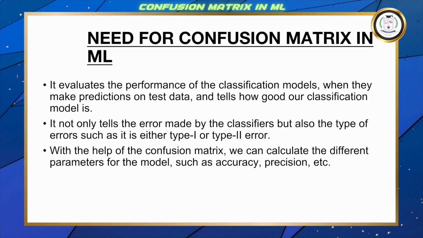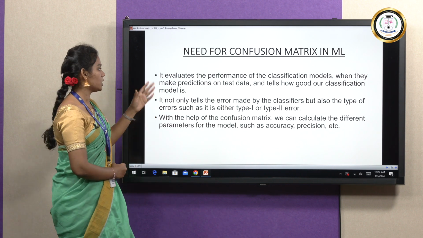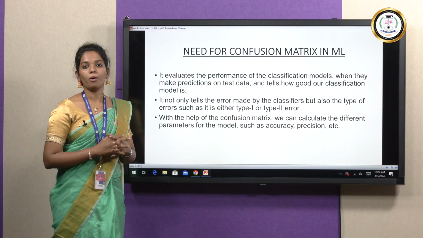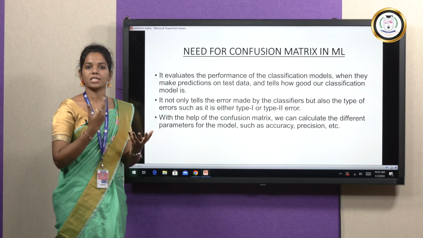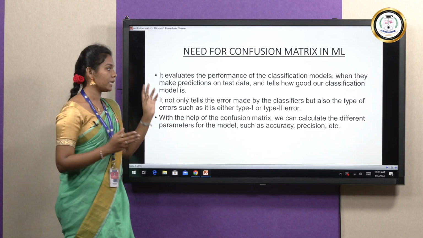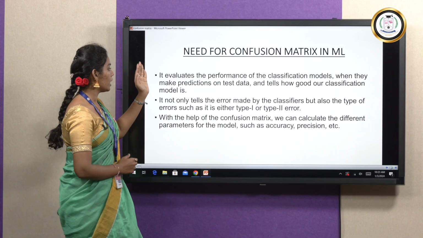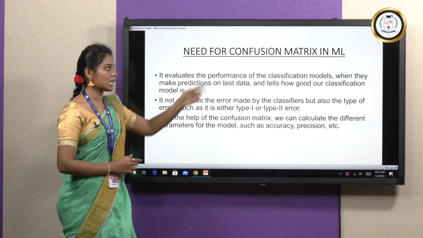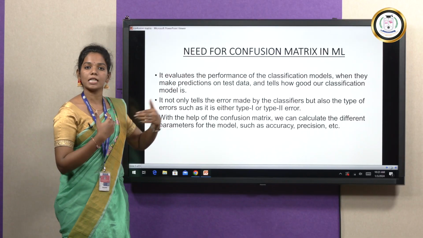This is the need for the confusion matrix in machine learning. So we will learn about the purpose of the confusion matrix. It evaluates the performance of a given classification model. In machine learning you can have different models like classification, KNN and so on, but this confusion matrix is specifically used only with the classification model, that is your classifier. It evaluates the performance of the classification model when it makes predictions and tells how good our classification model is.